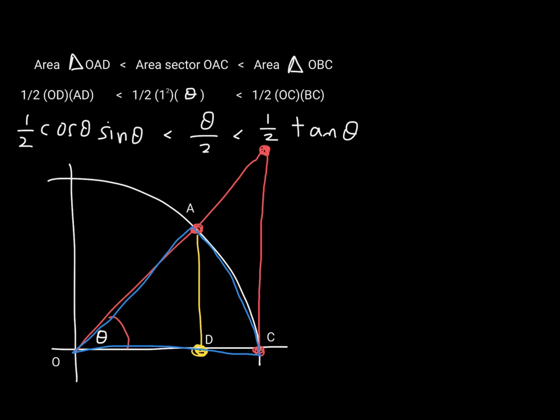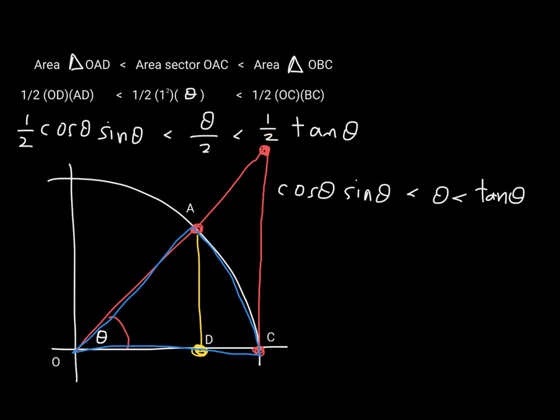What I'm going to do is multiply everything by 2, and that will lead me to cosine theta times sine theta is less than theta, which is less than tangent theta. I multiplied each expression of this inequality by 2.